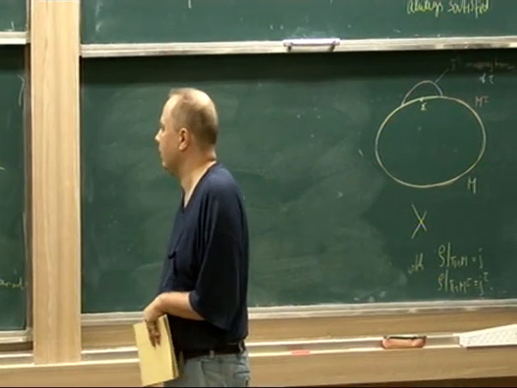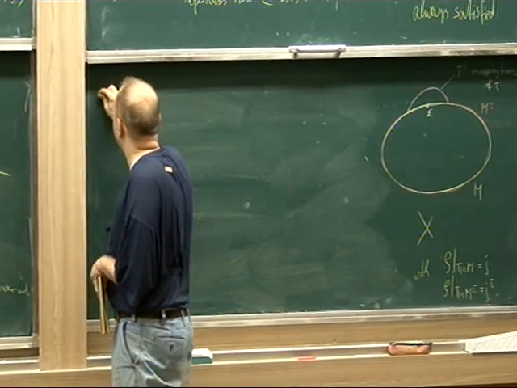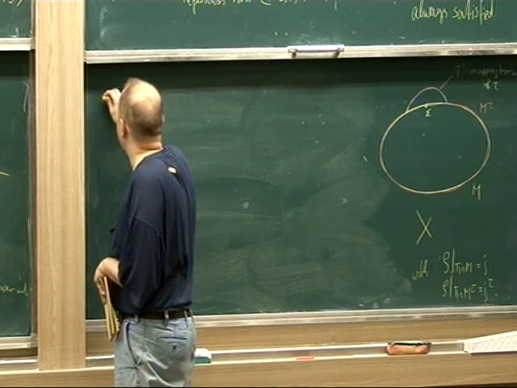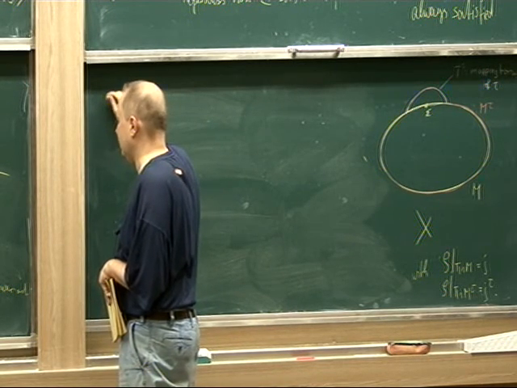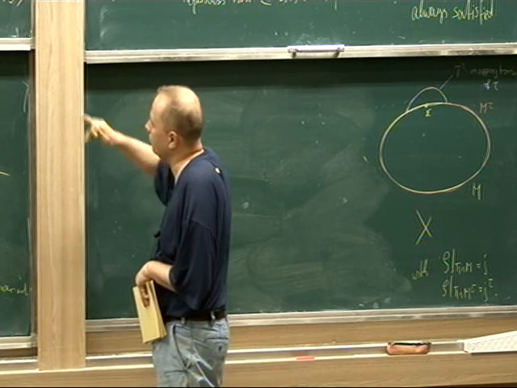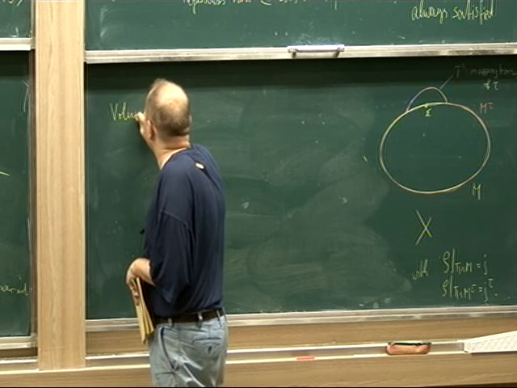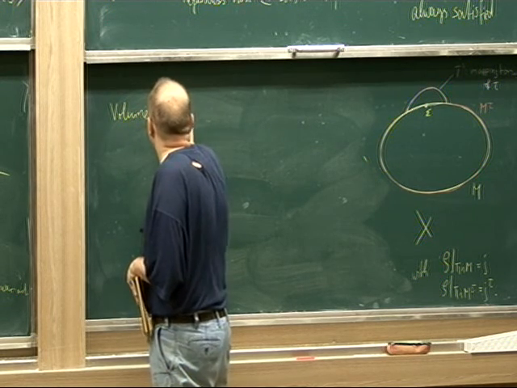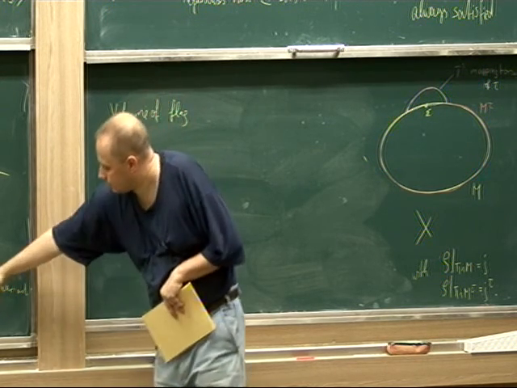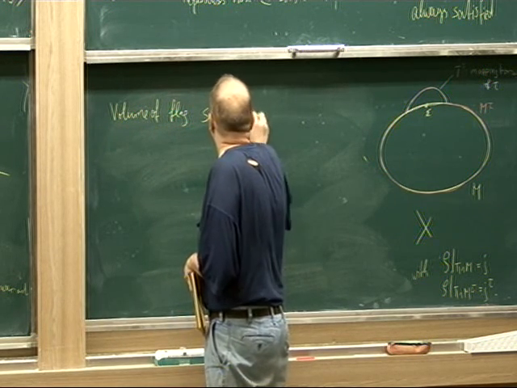By a very similar argument as in the case of hyperbolic volume, one can prove that the volume of flag structures, which is this invariant, is preserved under mutation.